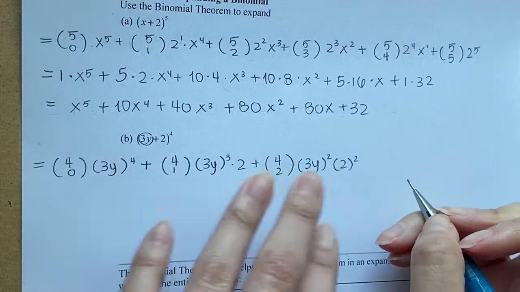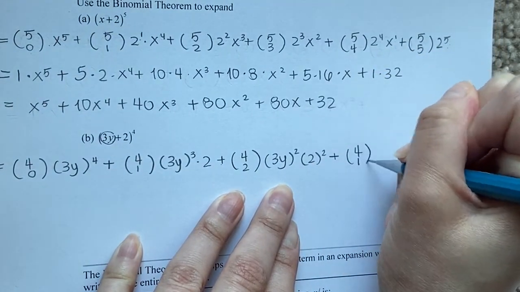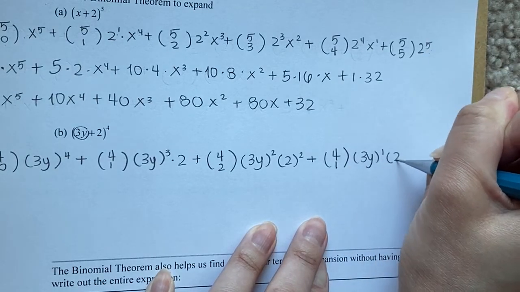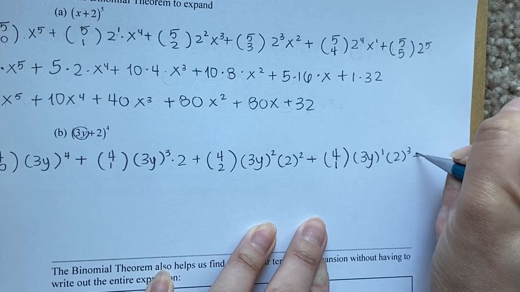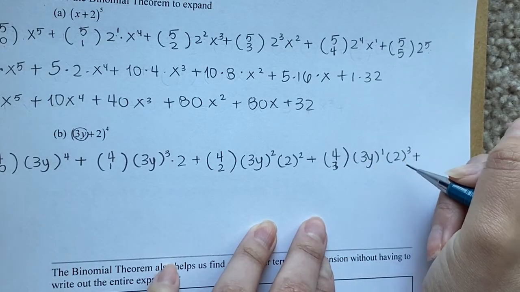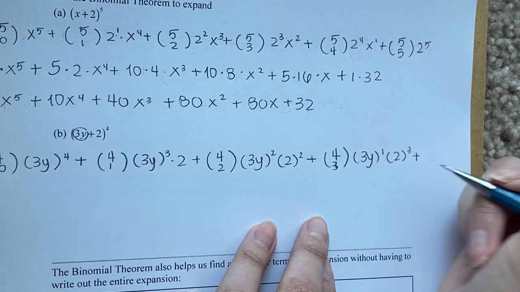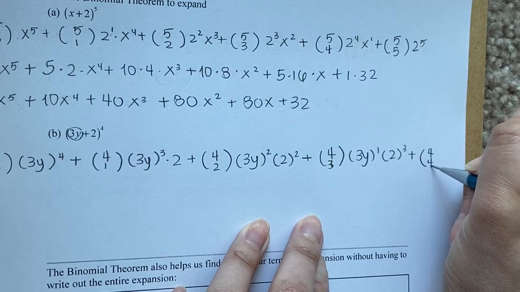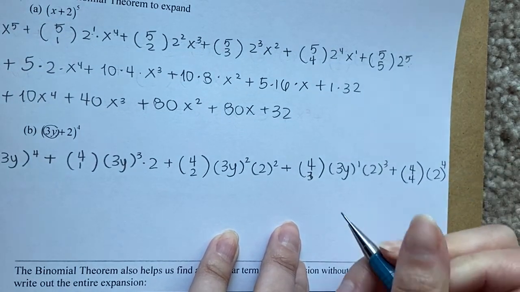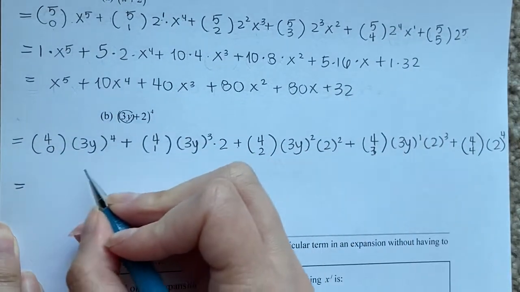Remember the exponents. I'm going to show you another pattern here once I finish writing this one. 4, 1, and you have that it's 3y to the power of 1, 2 to the power of 3, and last but not least, this is a 3, excuse me. Okay, and then you have that this is 4, 4, and then this is going to be 2 to the power of 4.